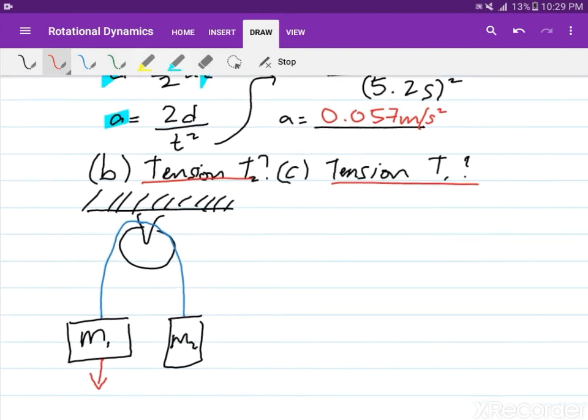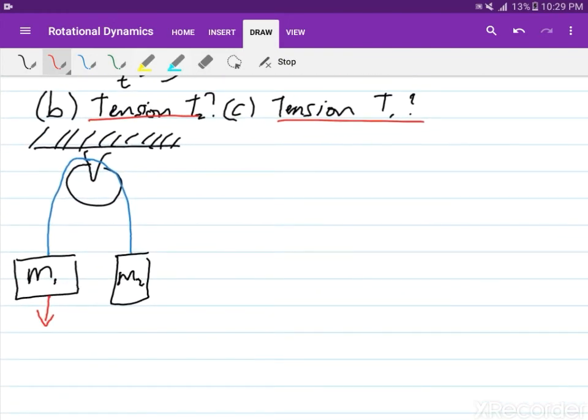So redrawing the blocks, we have here M1, M2. It is acted upon by forces weight 1, weight 2, tension in mass 1, and tension in mass 2. So we would write summation of forces for M1 and M2.